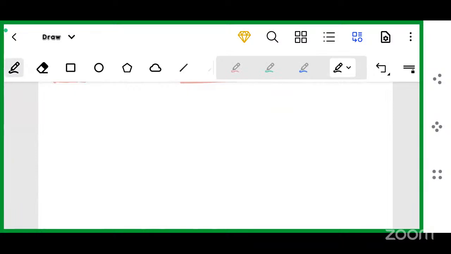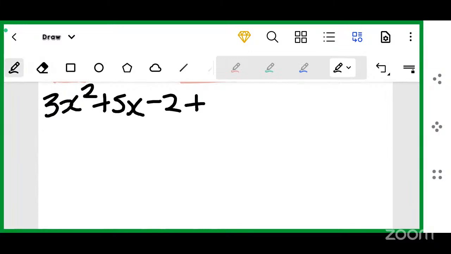So it's 3x squared plus 5x minus 2 plus, open brackets, negative 2x minus x to the power of 2 plus 7.